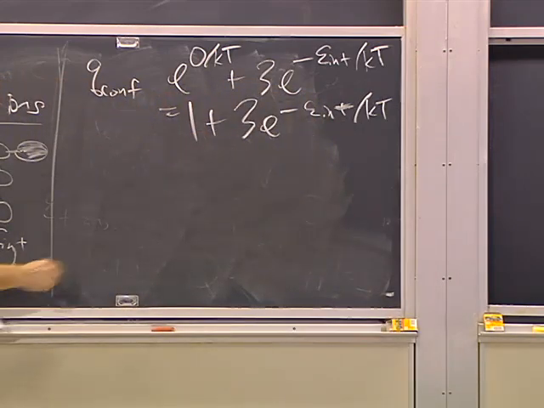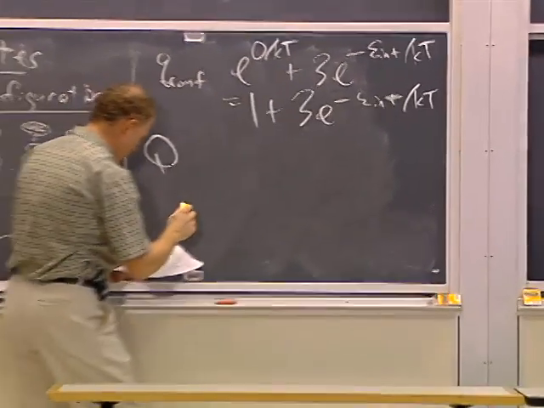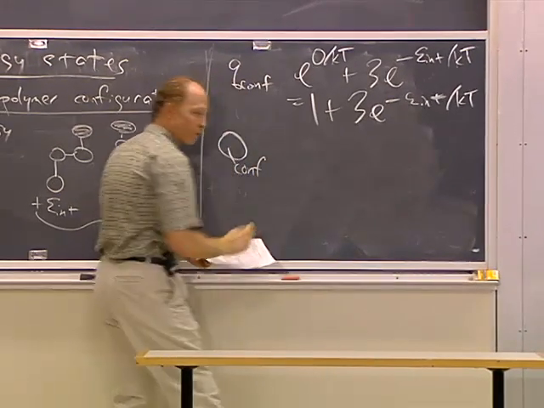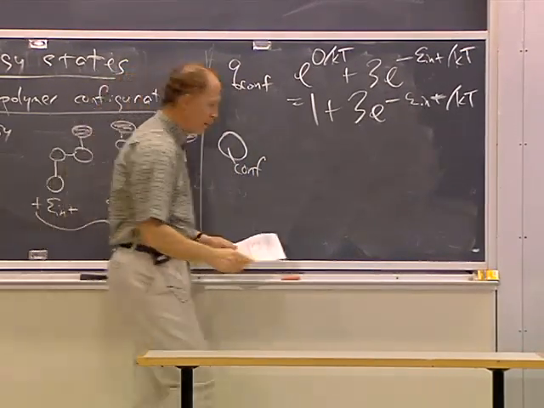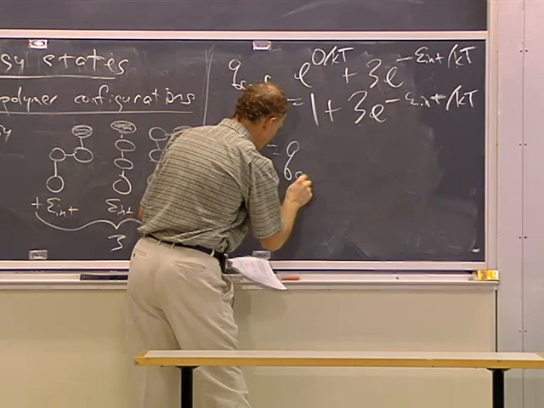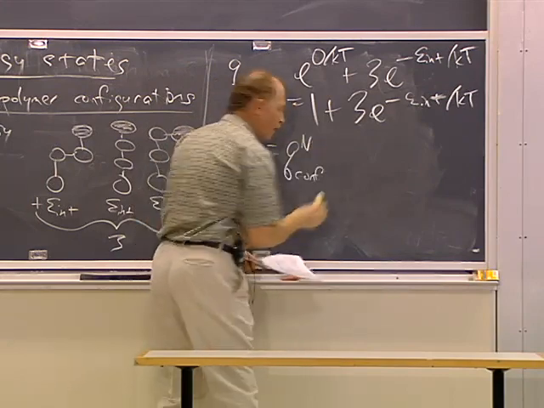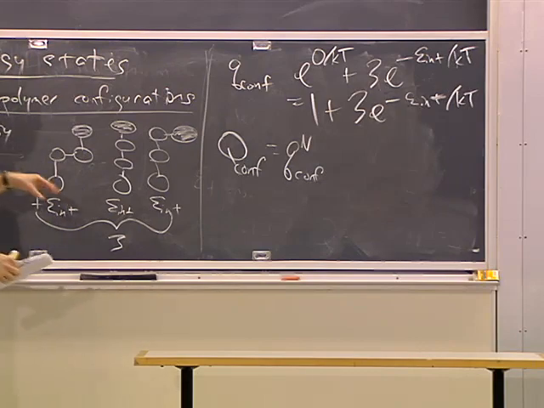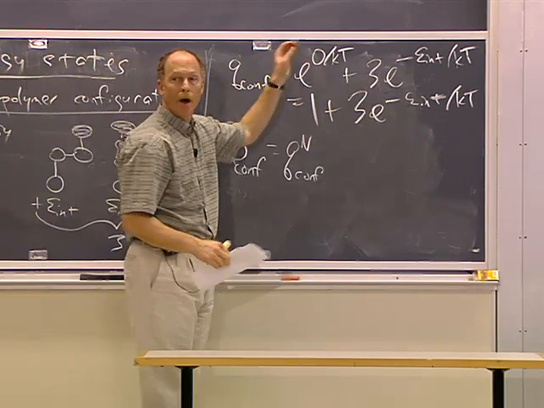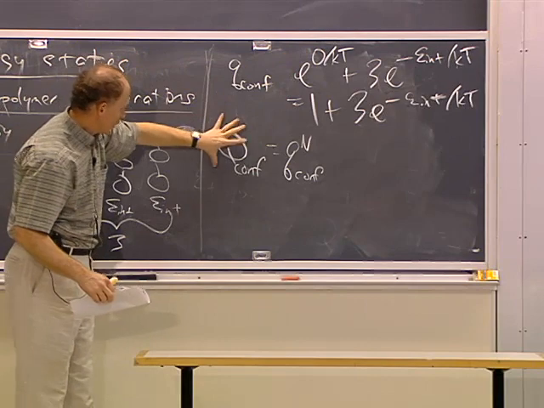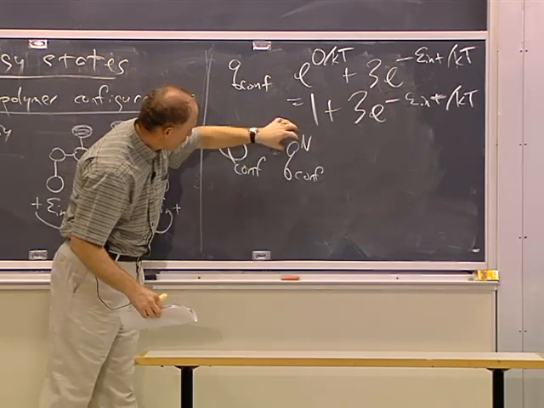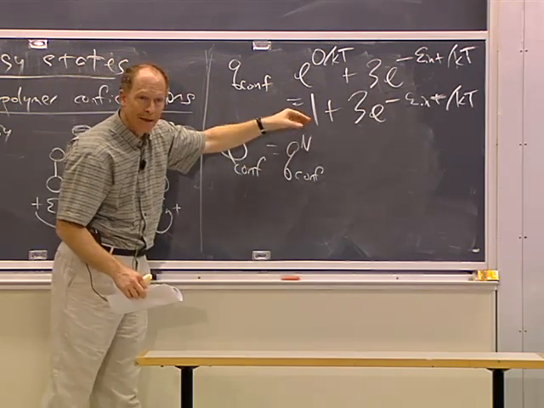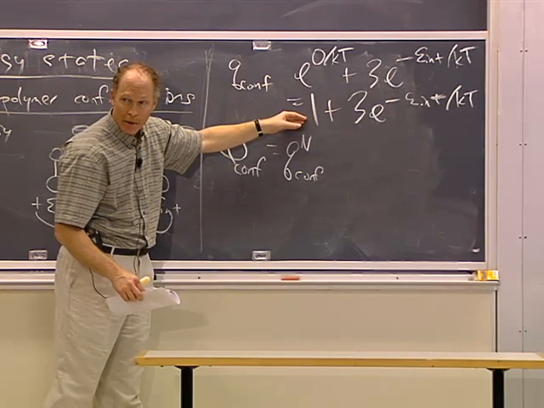And now we have our capital Q, our canonical configurational partition function. And that's just little q configurational to the nth power. And like you've seen so far in various cases where the molecules are separate, non-interacting molecules, this is just the molecular partition function taken capital N times, right?